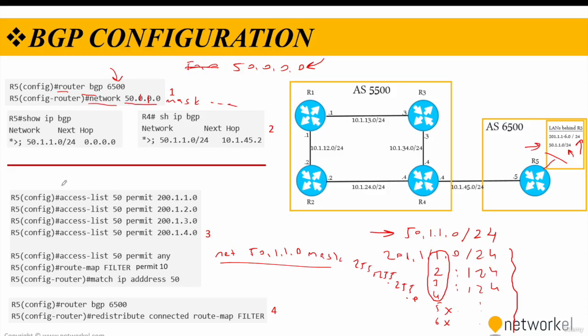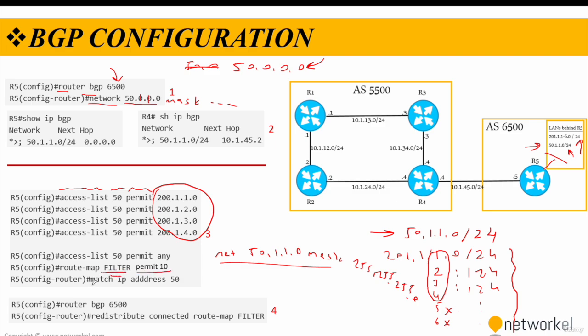I am defining an access list 50, and matching the subnets that I want to advertise, which are 10, 20, 30 and 40 subnets. Then I am creating a route map. Okay, the name of the route map is filter permit 10.